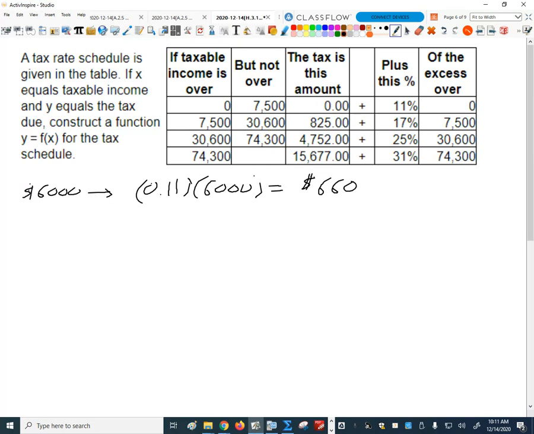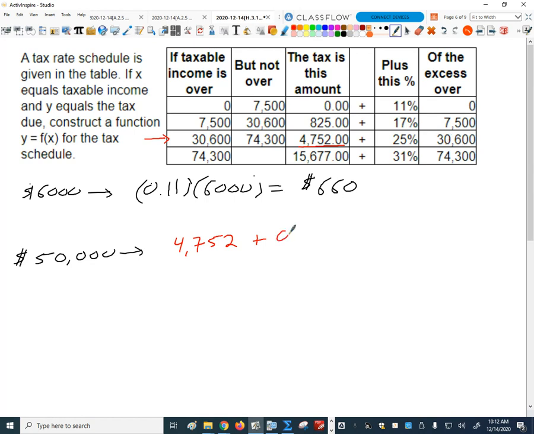Okay. What about an amount like, let's say, 50,000? Well, that's going to put us in this row right here, isn't it? Right. So if you're making 50,000, that's between 30,600 and 74,300. Then you're going to pay this amount. So it's going to be 4,752 plus 25% of the amount in excess, the amount over 30,600.